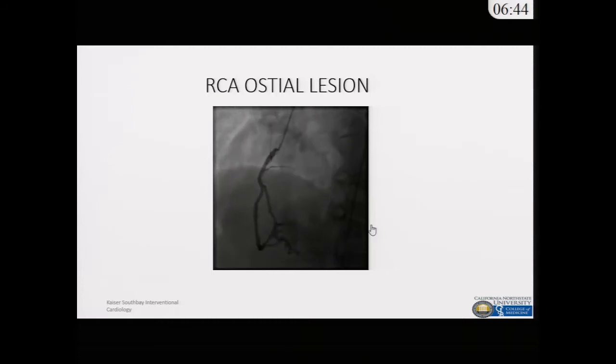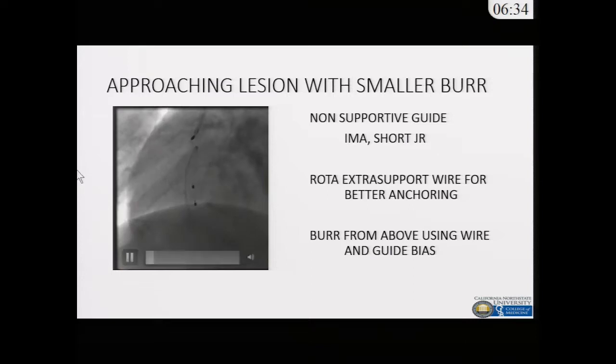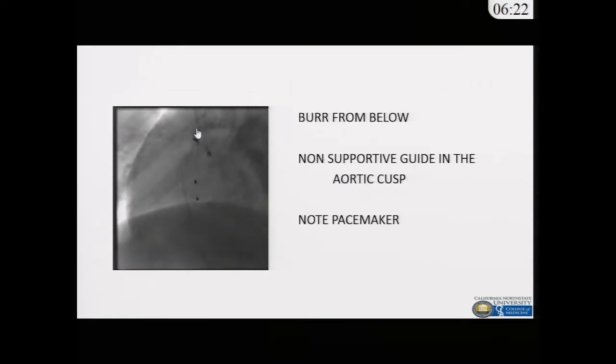So this is a typical right coronary ostial lesion, and I came up with this technique of, instead of using large burrs, we use a smaller burr and a non-supportive guide, so that we would pull the guide up and do atherectomy from above and do atherectomy from below to get the effect on the circumferential ostial lesion without using the big burr and also the associated big guide that you needed.